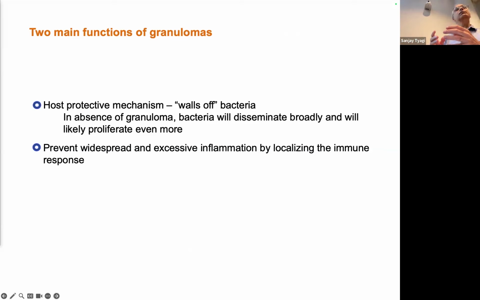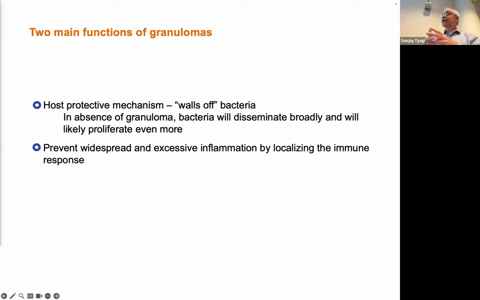The other, perhaps equally important, is to prevent the inflammatory response that the body mounts against the bacteria, to keep that also sequestered. So inflammation is mounted very vigorously, but it's localized to those sites.